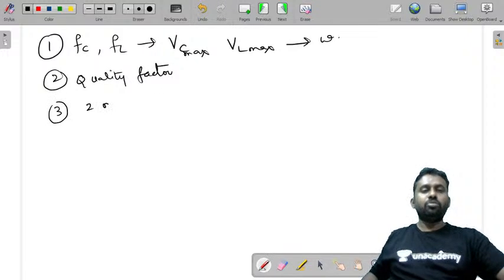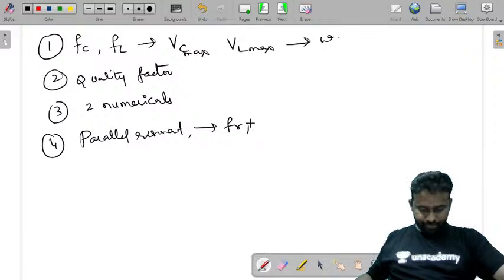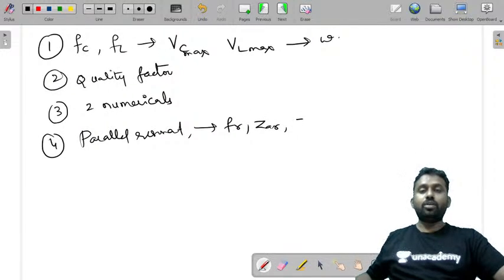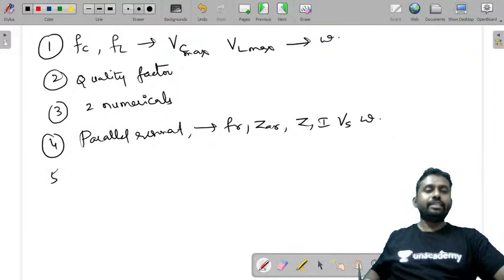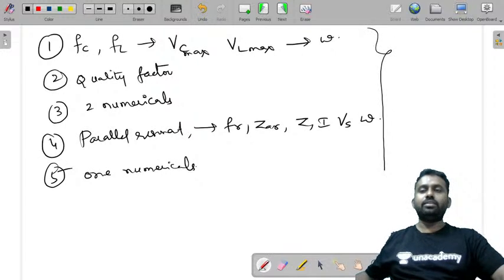Then we have solved two numericals based on them. Then we have seen the parallel resonant circuit, its resonant frequency, the dynamic impedance, and how Z and I vary with respect to frequency. And then we have solved one numerical on parallel resonant circuit. So these are the takeaways from today's session.